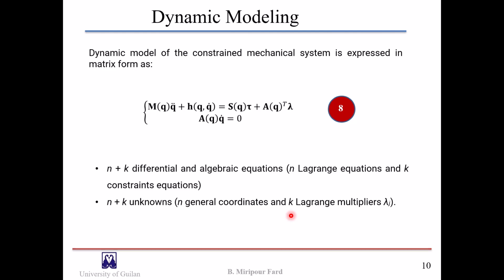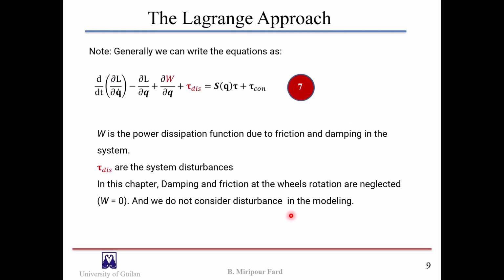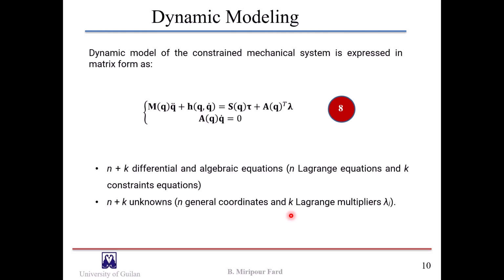Okay, let's come back to equation 6. Using equation 6, a dynamic model of the constrained mechanical systems can be expressed in the matrix form, as you can see in equation 8.